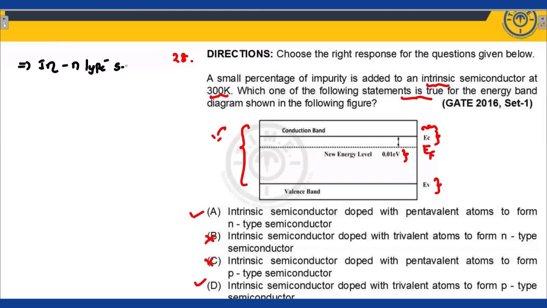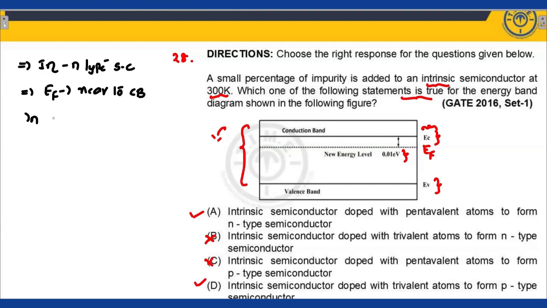In n-type semiconductor, the Fermi level is near to the conduction band. Okay, the Fermi level is near to the conduction band.